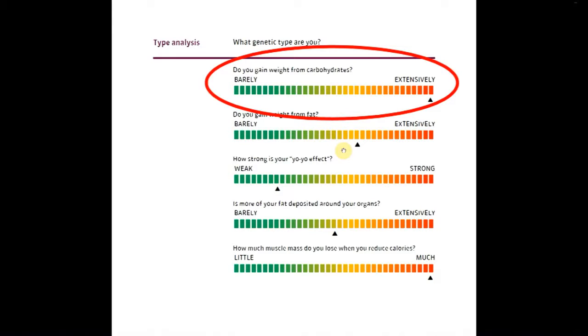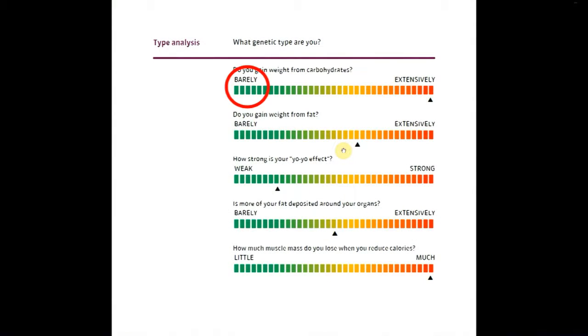There have been studies that some people, when they eat more carbohydrates, gain weight, which is what you would expect, because carbohydrates, sugars, they have a lot of calories. However, other people did not. And the difference was a genetic variation. So we tested this genetic variation in you, and then we can tell if you hardly gain weight from carbohydrates based on the genetics, or if you gain a lot of weight from carbohydrates.